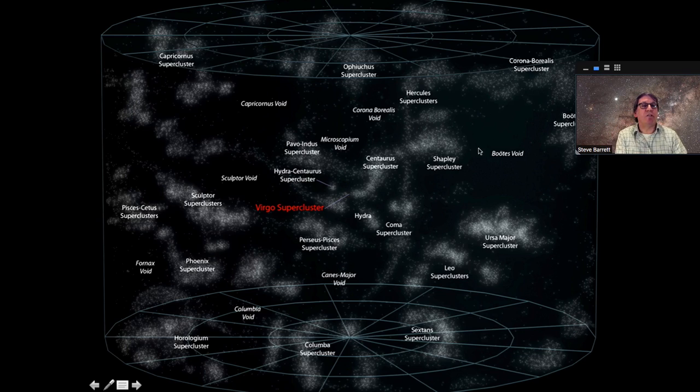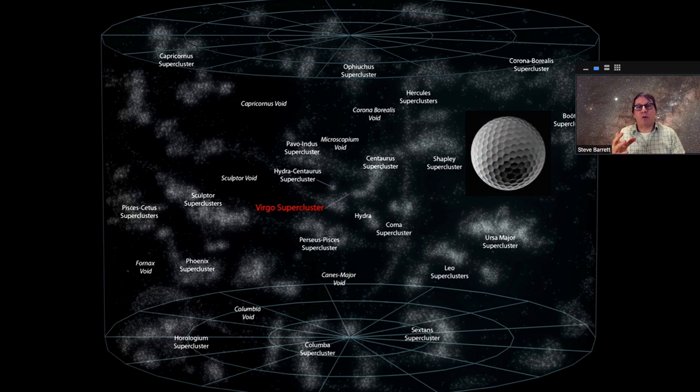For instance, there's a region here called the Boötes Void, which appears to have very few galaxies. This is all a result of the dimples in the golf ball collapsing so that we end up with superclusters here, but essentially nothing over there. Let gravity do its stuff.